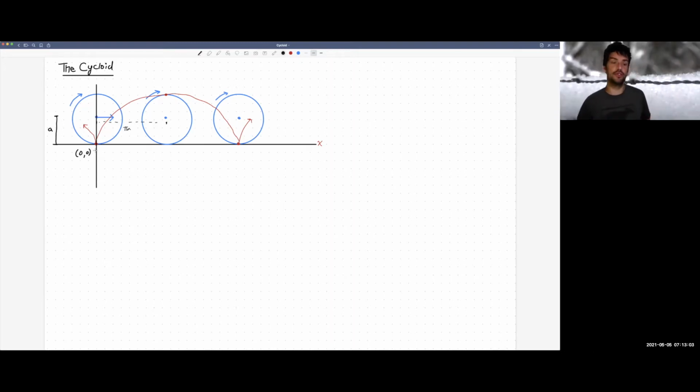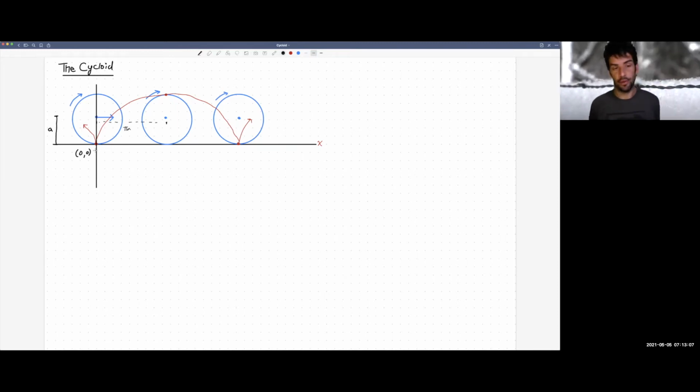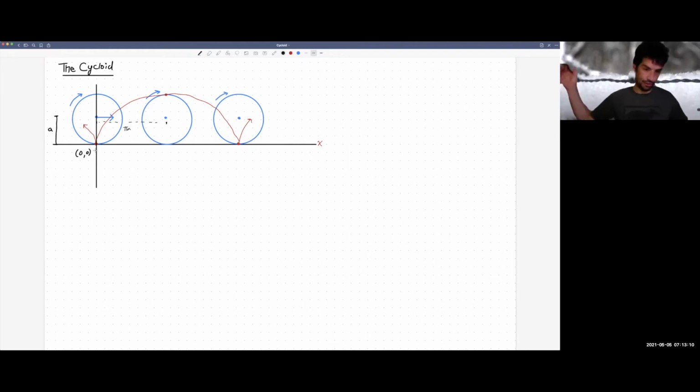Those are choices I'm making. We could have put the x-axis through the center and the y-axis when the dot was on the right or the left or anywhere else. This is the choice I'm making.